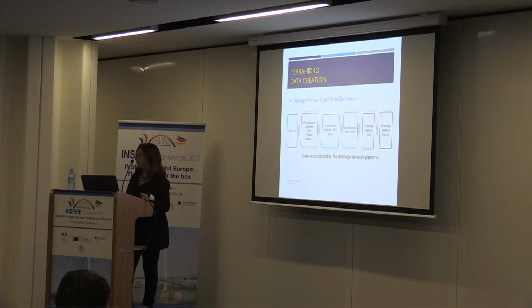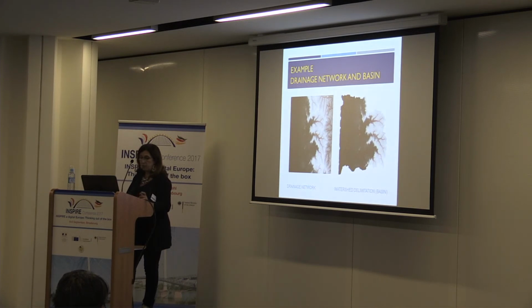And at the end, we have the drainage network provided as a raster, and then we transform this into a vector. The red box is what we are considering at the moment. So this is an example of the drainage network and of the water delimitation of the same area.